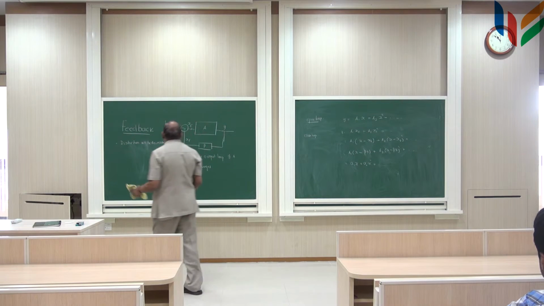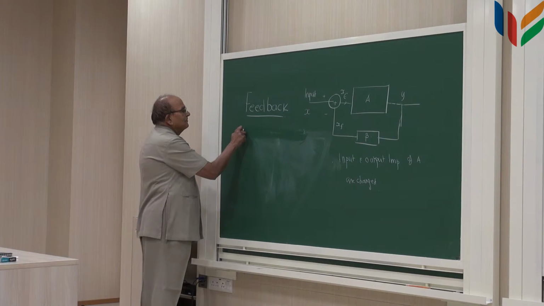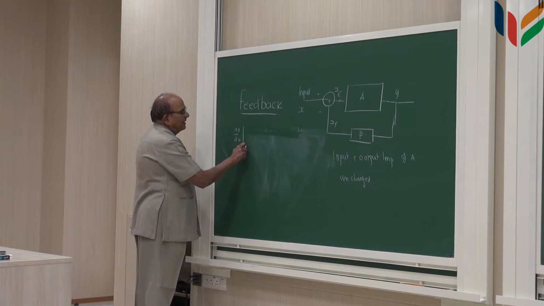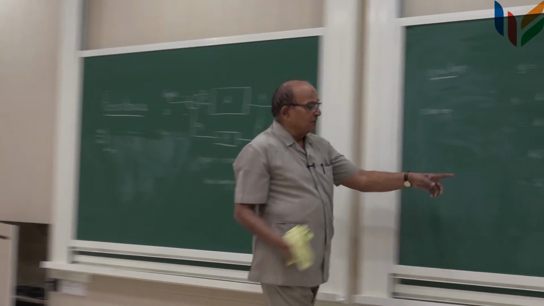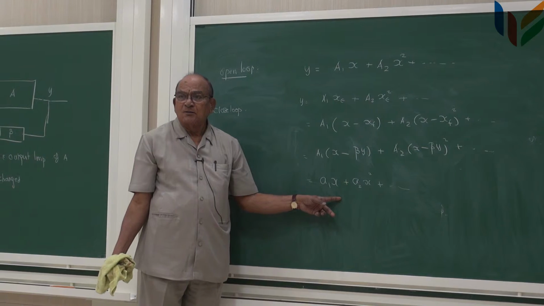The way to do that is quite simple. If you take dy by dx and make x equal to 0, what do we get in this expression? a1, right?